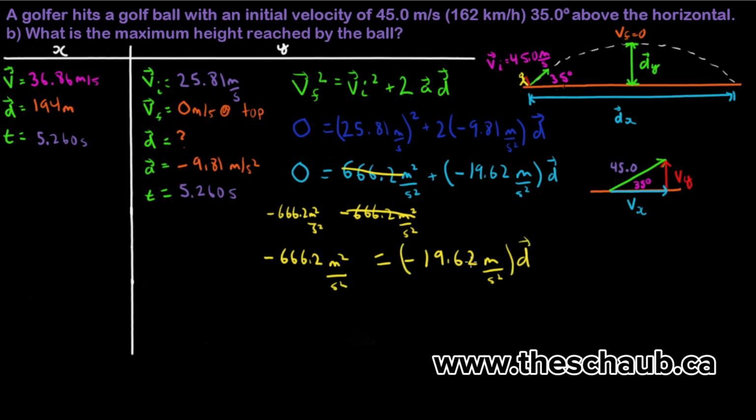Negative 19.62 is multiplying the displacement. So to get the displacement all alone, we have to apply the opposite. So we divide both sides by negative 19.62 meters per second squared.